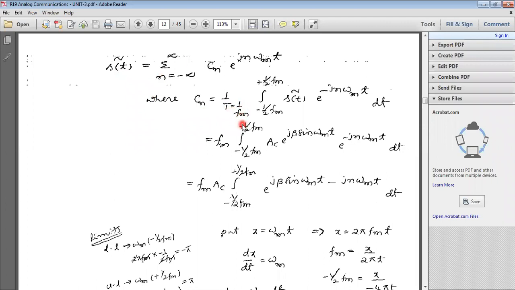And that periodic signal has the limits of minus half fm to plus half fm. So complex envelope of s of t into e power minus jn omega mt dt. So this is the value of Cn.